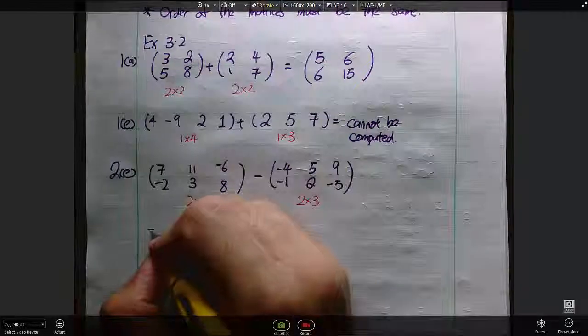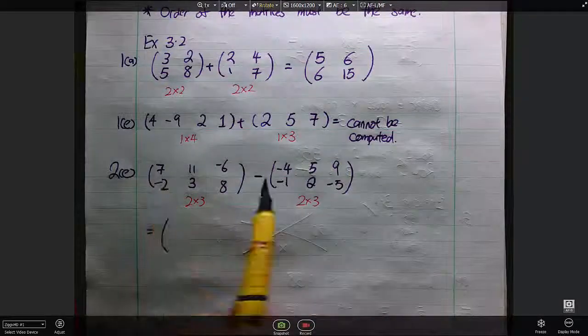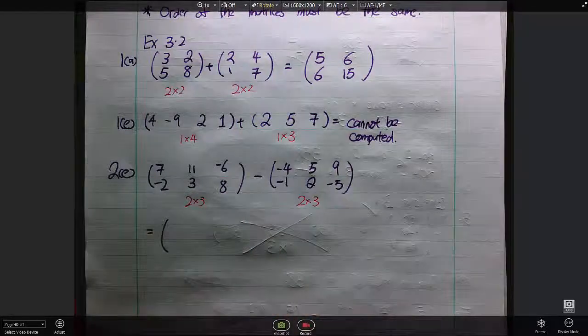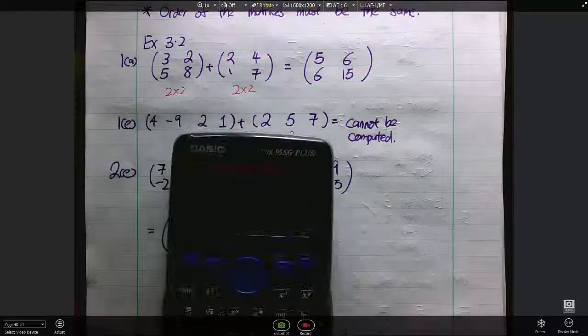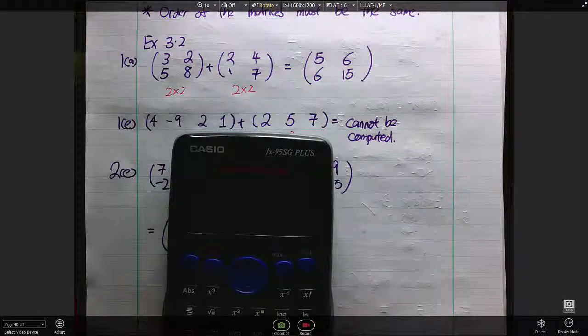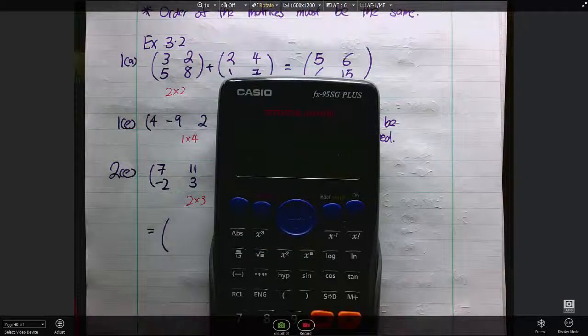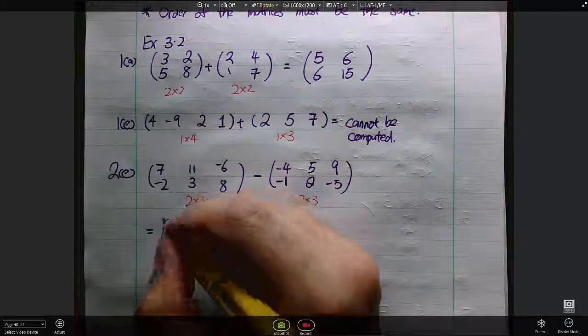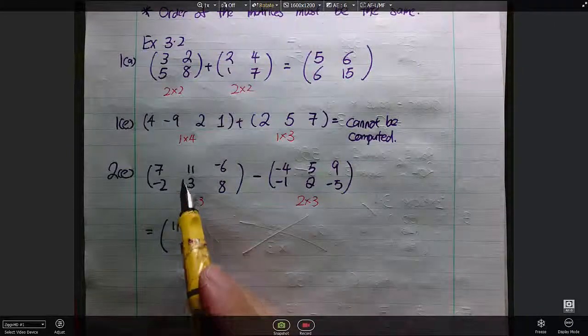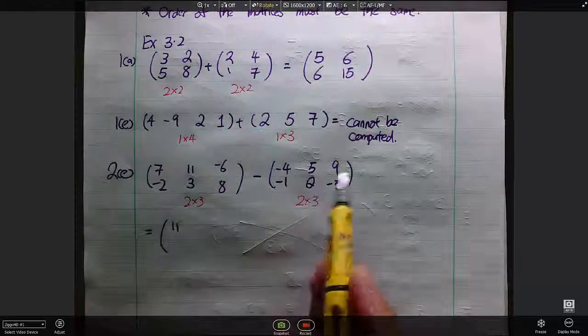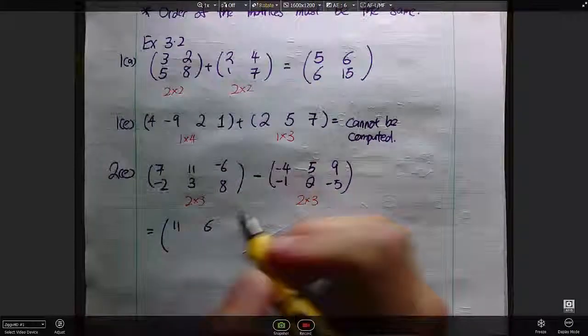Simple enough. 7 minus negative 4. If you want to key it into your calculator, it's actually 7 minus negative 4, which equals 11. 11 minus 5 will give me 6.